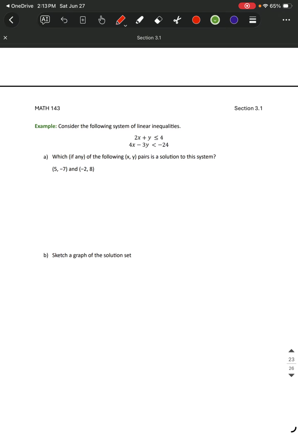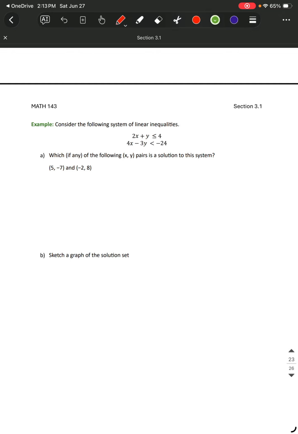So if the 5, -7 and -2, 8 both satisfied the two inequalities, then the xy pair is a solution to the system.